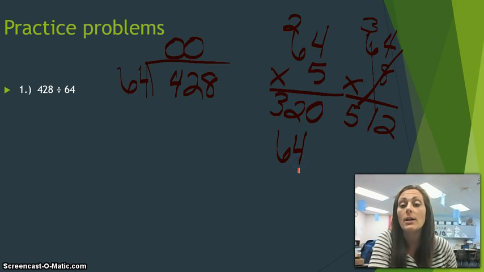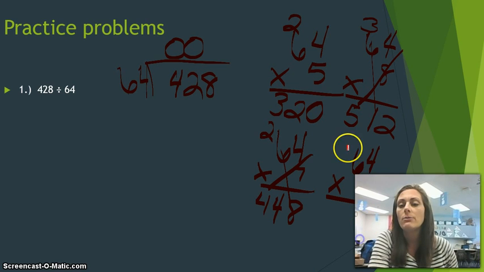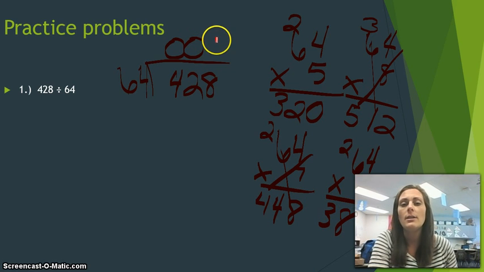So 64 times 7. 7 times 4 is 28. 7 times 6 is 42, plus 2 is 44. So that would be too much. So 64 times 6. 6 times 4 is 24, that's 36, 37, 38. So it would be 6 times, and 6 times 64 is 384.